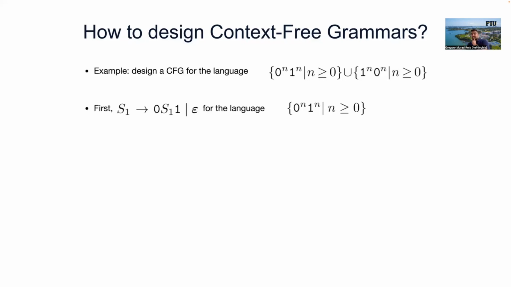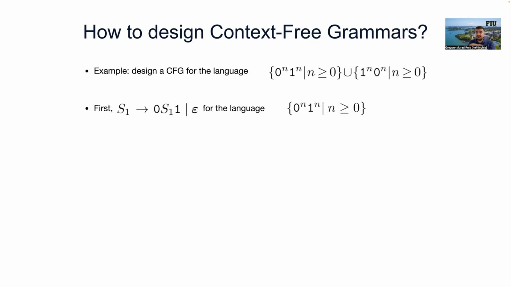Remember, we were not able to solve this earlier on in this class using DFA and FA because we needed one DFA for each n. There's no way for us to count the occurrences of zeros or ones. But with a simple recursive rule like this one here, S generates 0S1. Every time I replace S with this production, I'm adding a 0, a variable, and a 1.